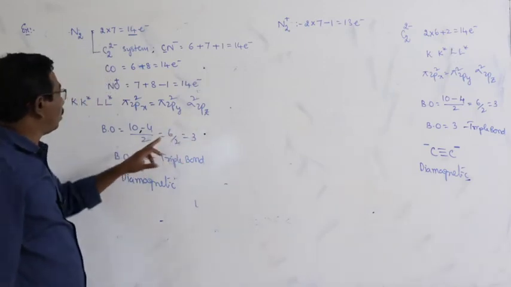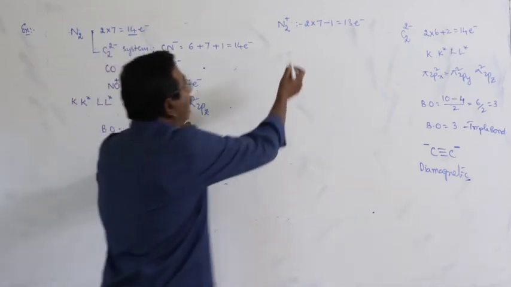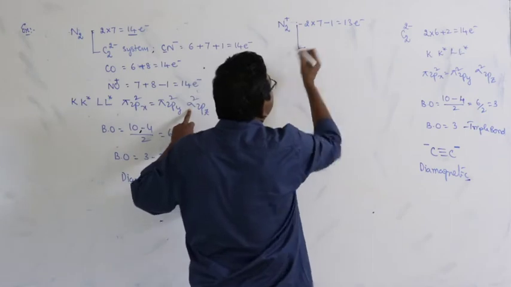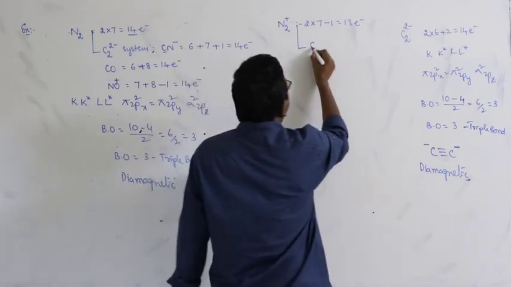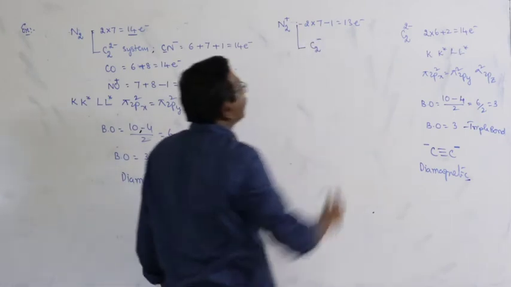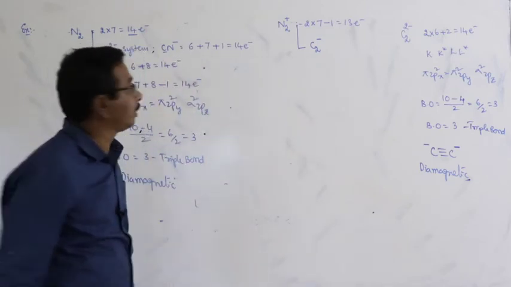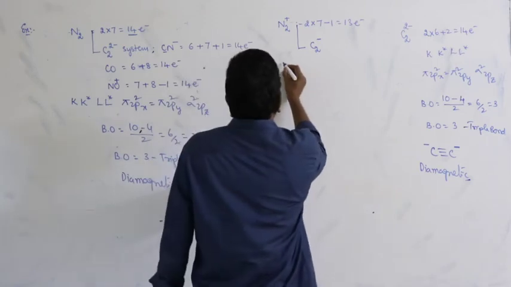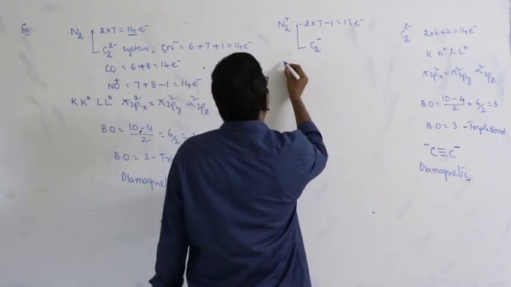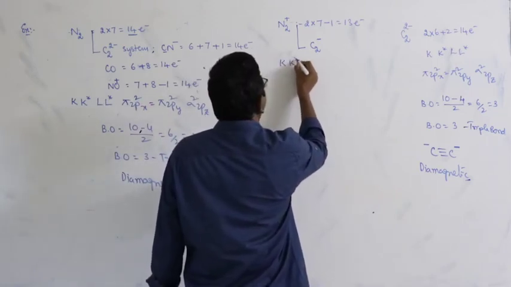One electron is removed from this one. And another example for the 13 electron system, C2 minus. Next, bond order is equal to, okay, write the configuration also.